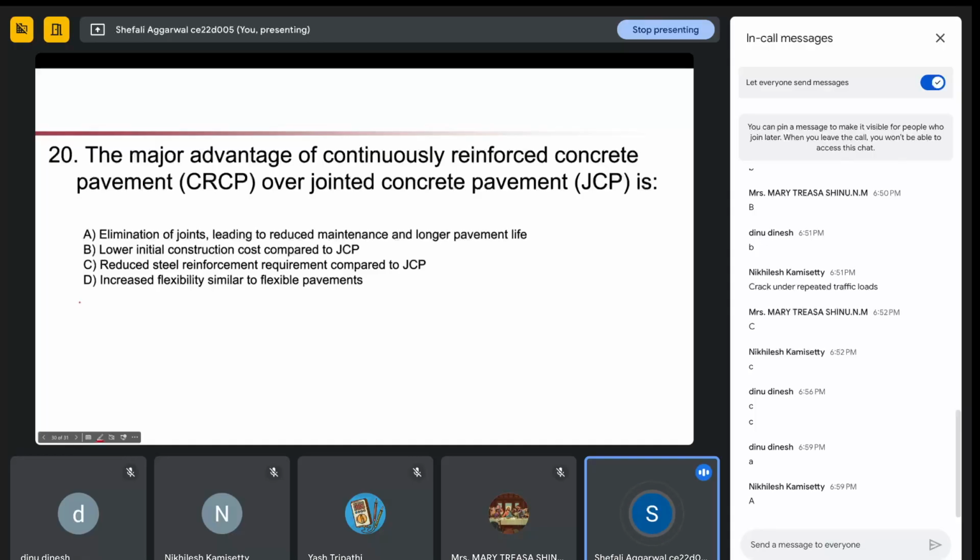This is actually a wrong option, because we are providing more steel reinforcement in continuously reinforced concrete pavement. So out of these options, the main advantage of this reinforced pavement is A, it will eliminate the joints. Correct answer.